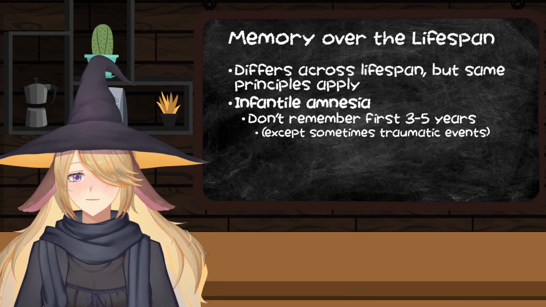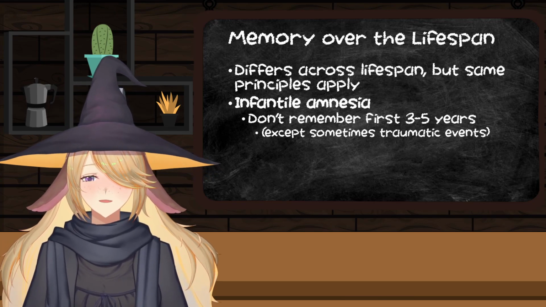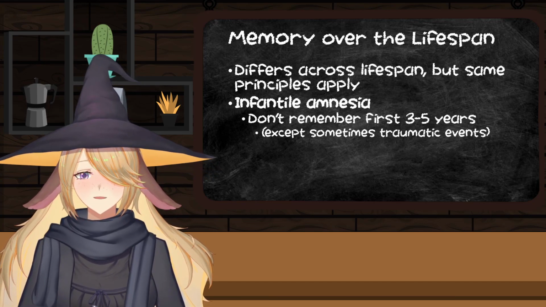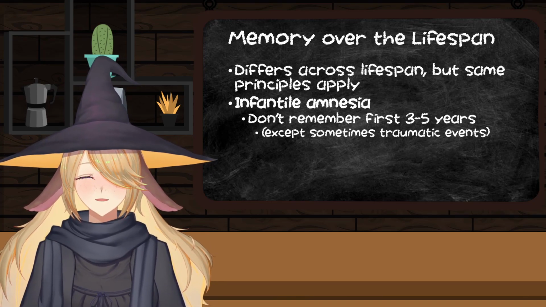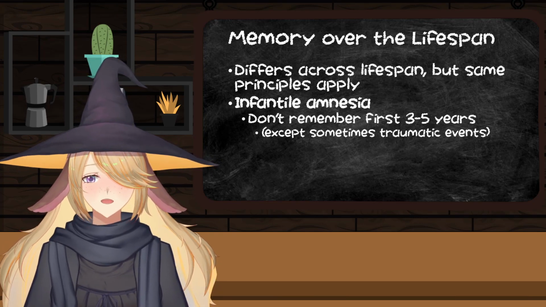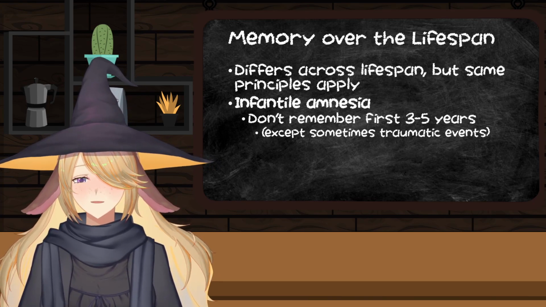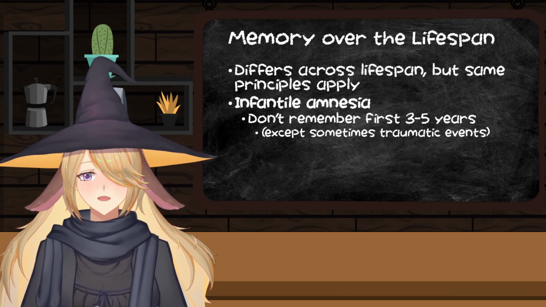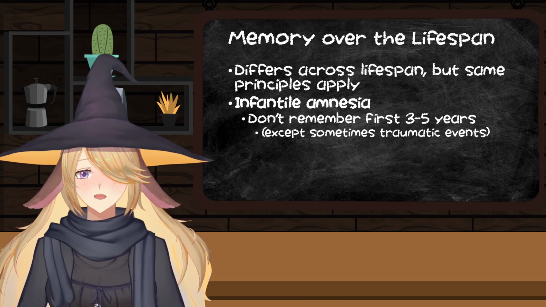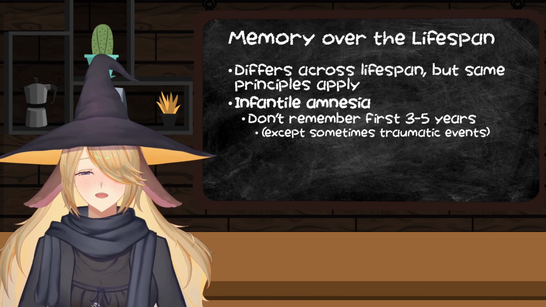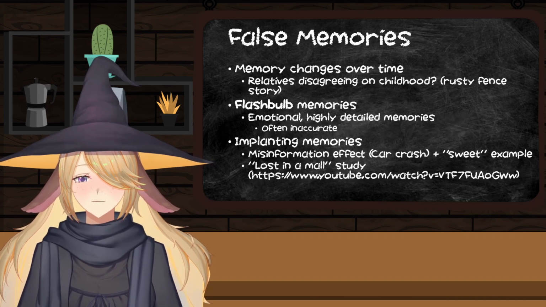Now, for me, I'm able to recall some memories from about the age of 3 onward, but I have no memories before that. It's kind of like it picks up at a certain point. Why does this happen? People don't really know. But in almost all cases, people will forget their early childhood memories, except sometimes in the case of highly traumatic information.